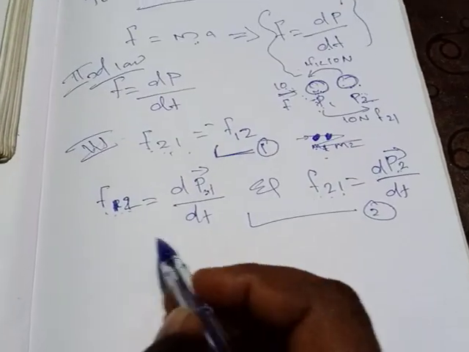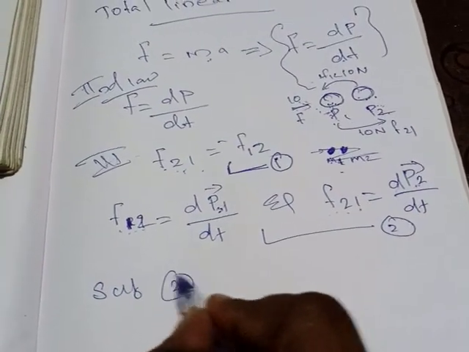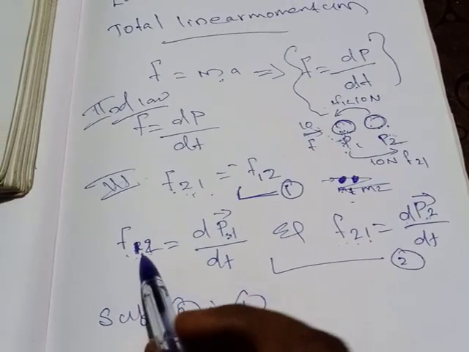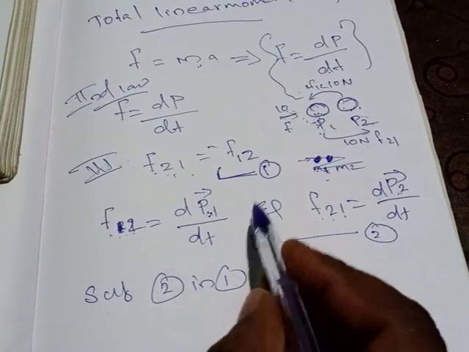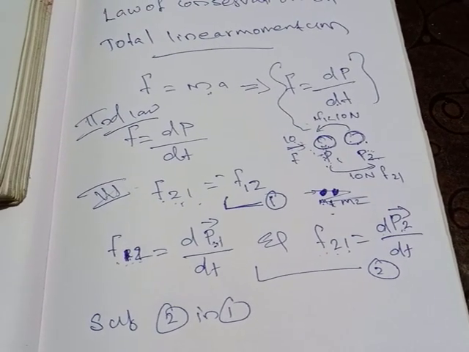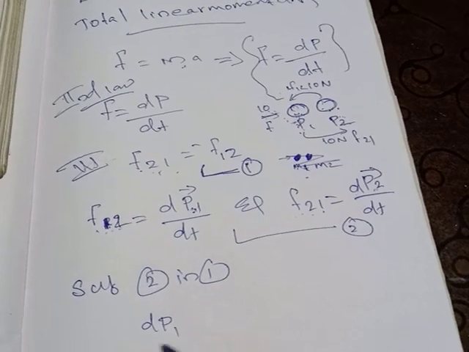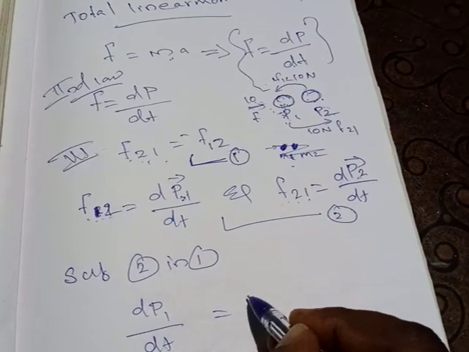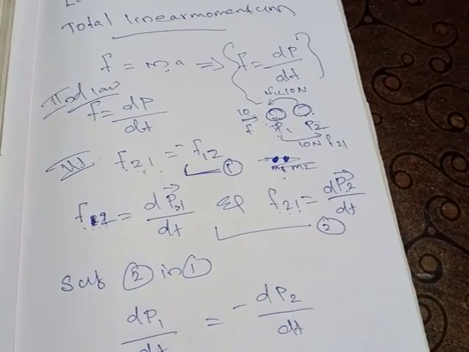Now what you have to do is substitute 2 in 1. So F12 means this value will come, and when you substitute, what do we get? dp1 by dt is equal to minus dp2 by dt.